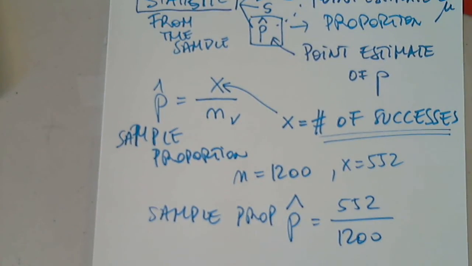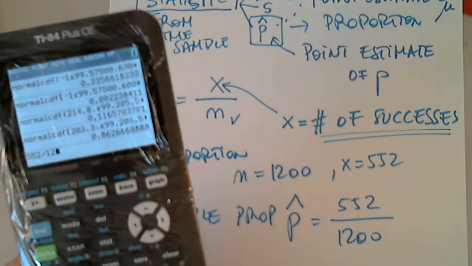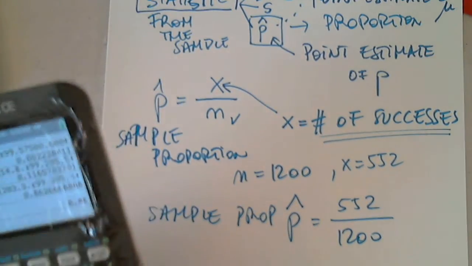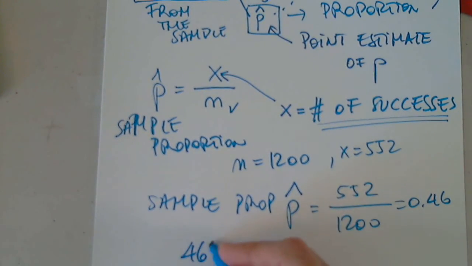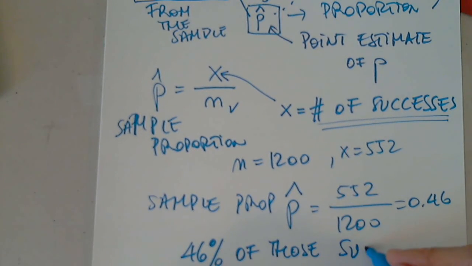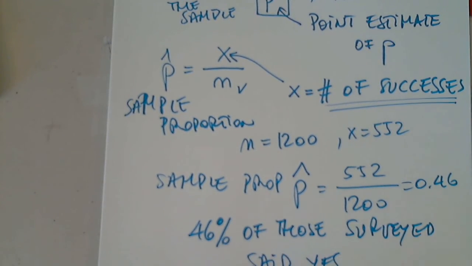When we divide 552 by 1,200, we get 0.46. So 46% of those surveyed said yes, I will work while on vacation.